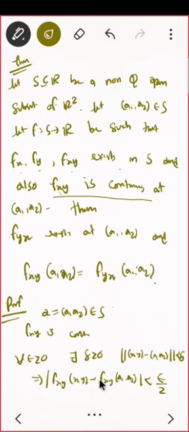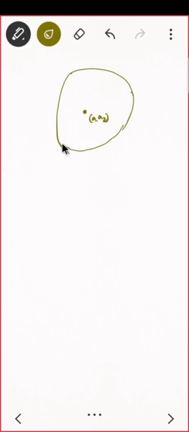So what do you mean by that? This means that there exists a rectangle, correct? Look at this properly. If I try to draw the graph, I'll be having my point (E1, E2), and I'll be having an open ball around that, having the distance delta.